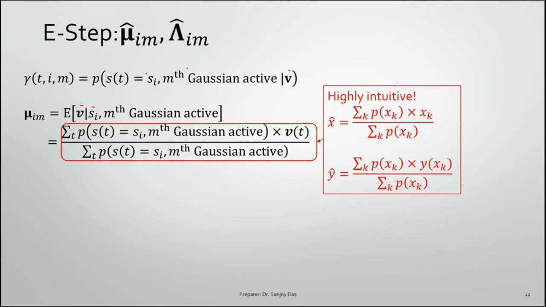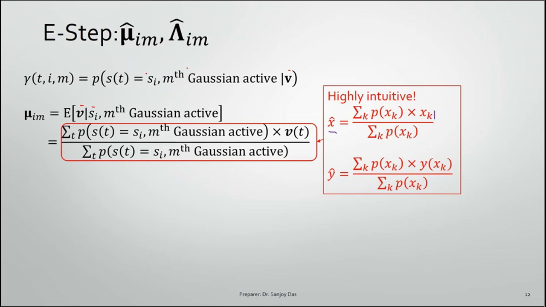Now, we all know that the average value of x, if we have different samples xk for k equals 1, 2, 3, 4, and so on, is given by this expression: summation over k of probability of xk times xk, divided by summation over k of p of xk. Here xk is an on-off or Boolean variable, that's true or false.